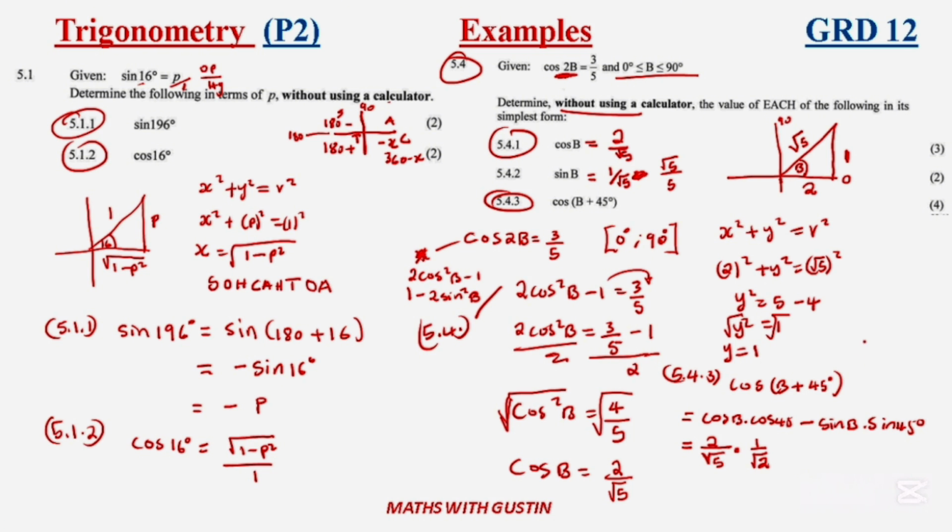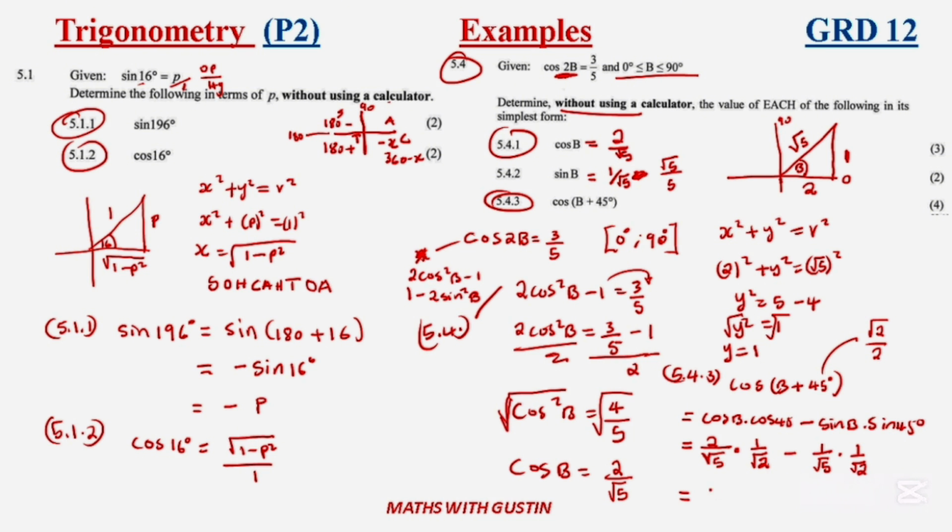If you use your calculator, this 45 is going to give you square root of 2 over 2, so please write it like this, as 1 over square root of 2. And then sine b is going to give us 1 over square root of 5, multiplied by sine 45, which is 1 over square root of 2.